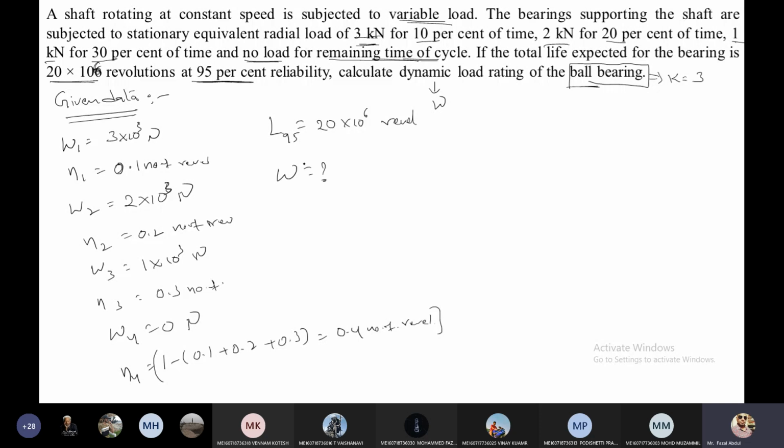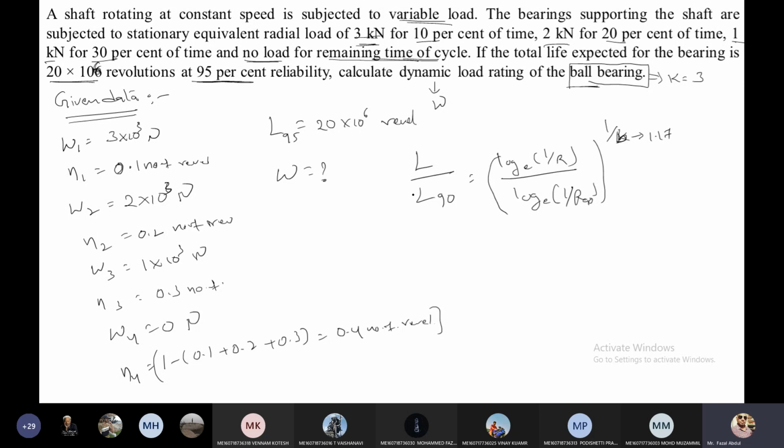Okay, so we know that one relation we have: L by L90 equal to log e of 1 by R divided by log e of 1 by R90, power 1 by b. Here b is 1.17. Okay, so this is the actual equation here.